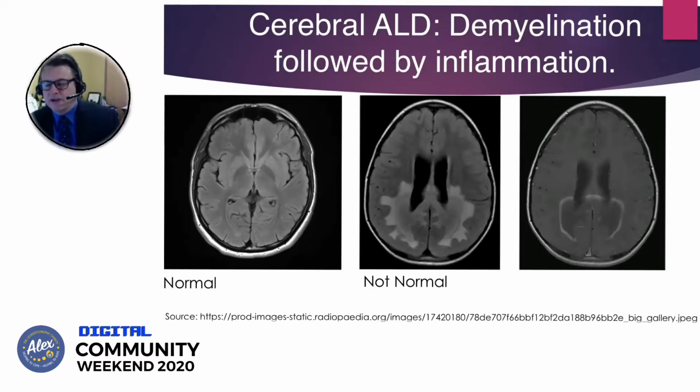So the contrast agent is a heavy metal delivered by IV during the MRI, and it generally stays in your blood vessels unless you have an inflammatory process. Oftentimes, this is used to diagnose brain infections or brain tumors, but in cerebral ALD, we see what we call a Garland ring of contrast enhancement, and we believe this to be part of the active disease process, and this is one of the things we focus on when we look at outcomes after bone marrow transplant.